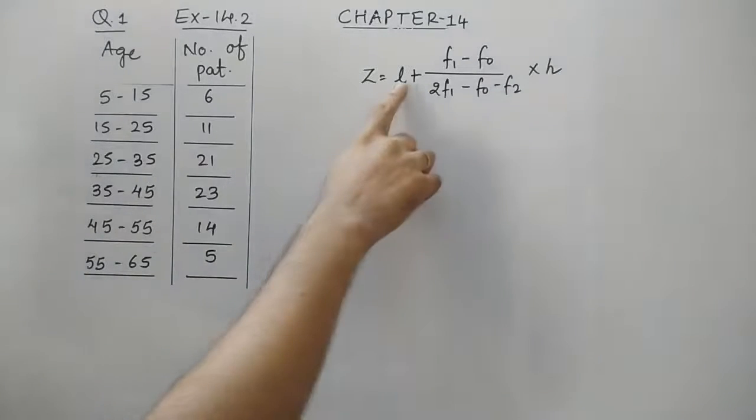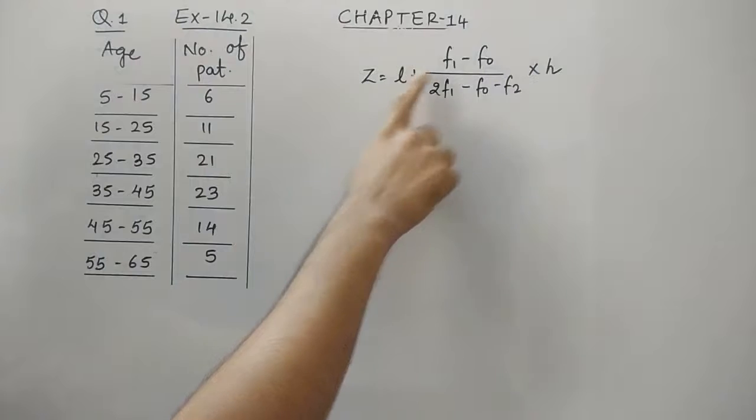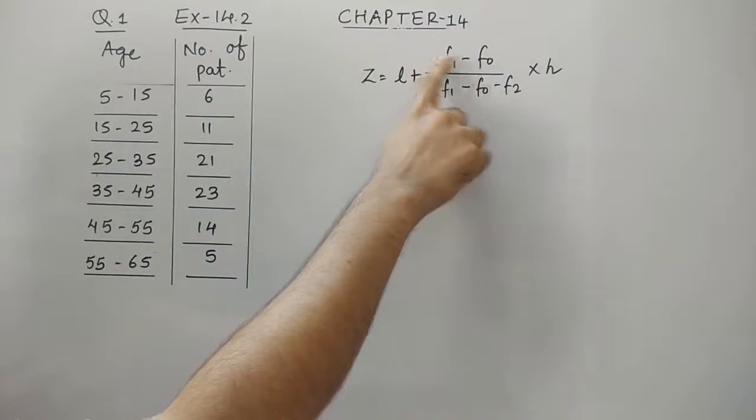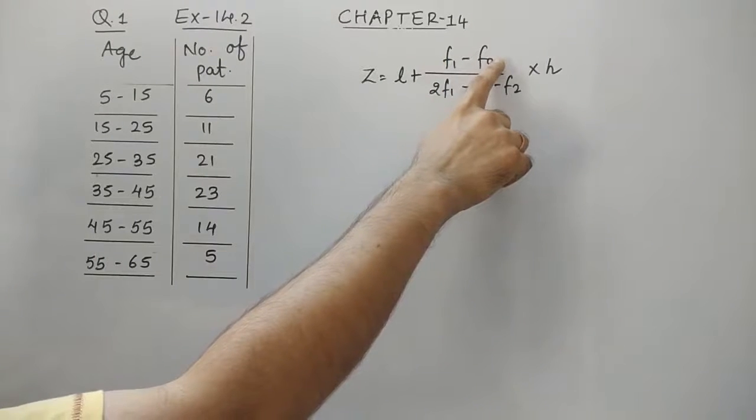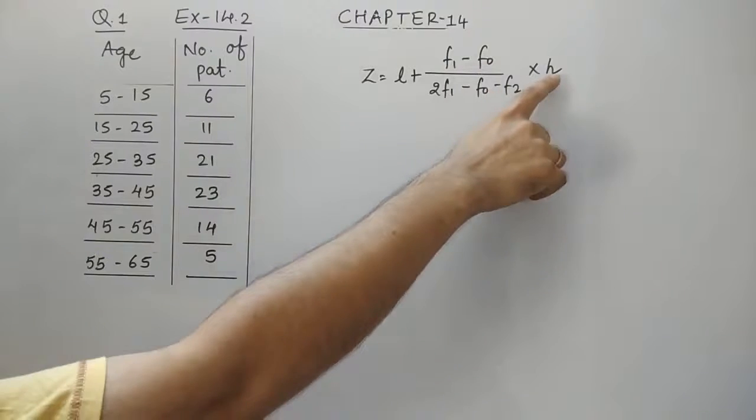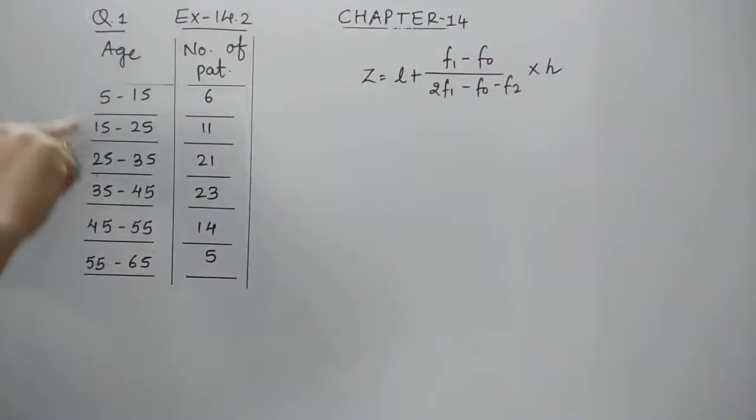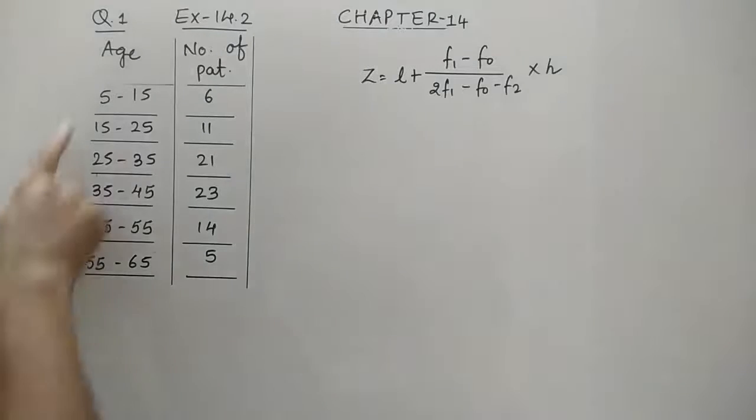We know the meaning: L is the lower boundary of the modal class. This is the frequency of the modal class. This is the preceding frequency, this is the succeeding frequency, and this is the class length. But how to find which is the modal class? इनमें से modal class कौन सा है?